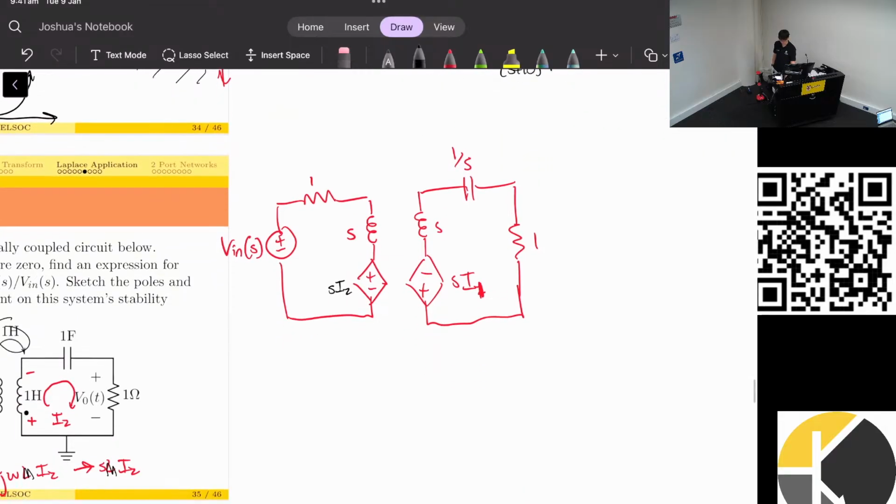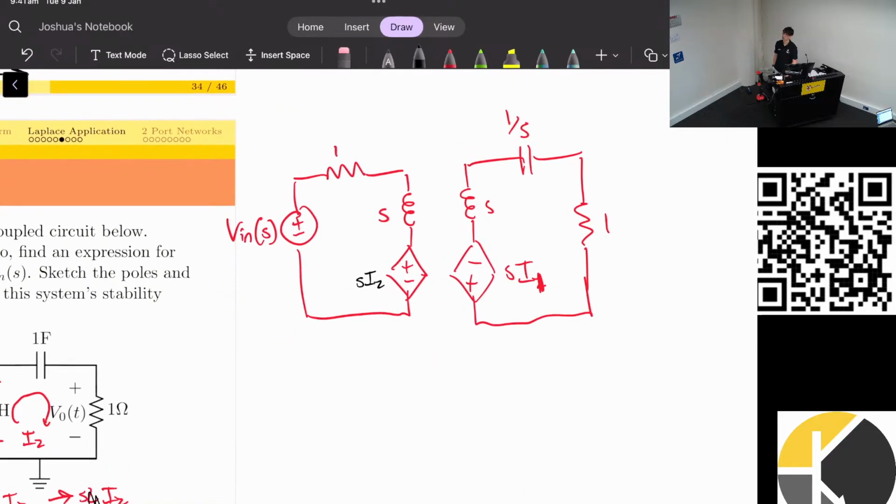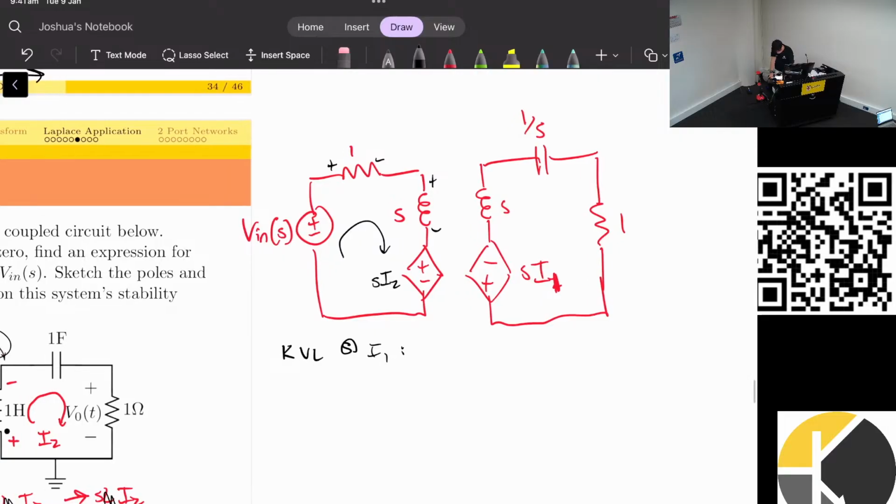So we have 2 meshes. So I would probably prefer to use KVL in this case. So KVL of I1. So if our current's going around this way, these will be the polarities. So the current goes into the negative terminal of V in, so we have minus V in plus 1 plus S of I1 plus S I2 equals 0.